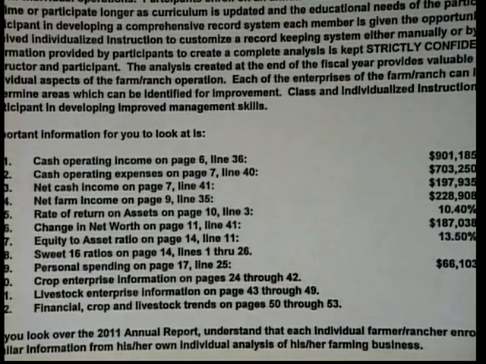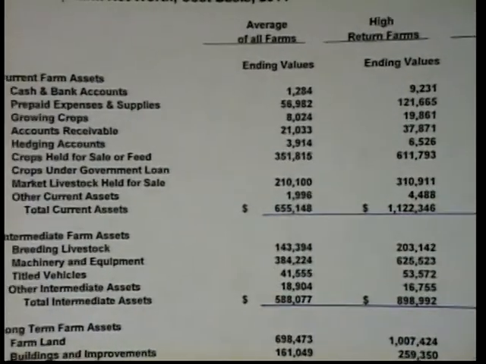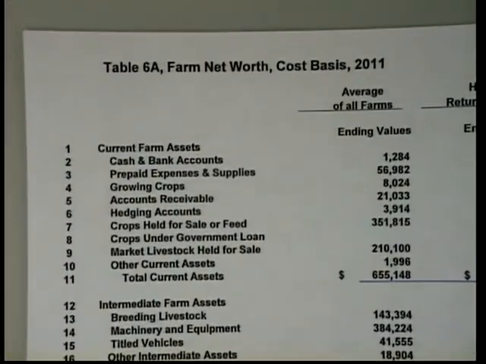So if we go to page 11, we're going to look at the balance sheet of this average of the farms. Okay, I'm going to work with the averages. Page 11.